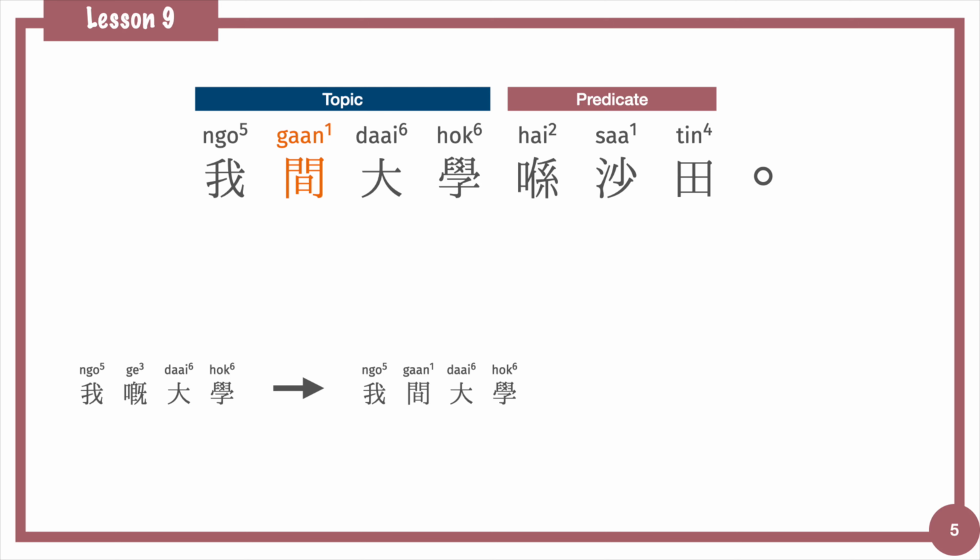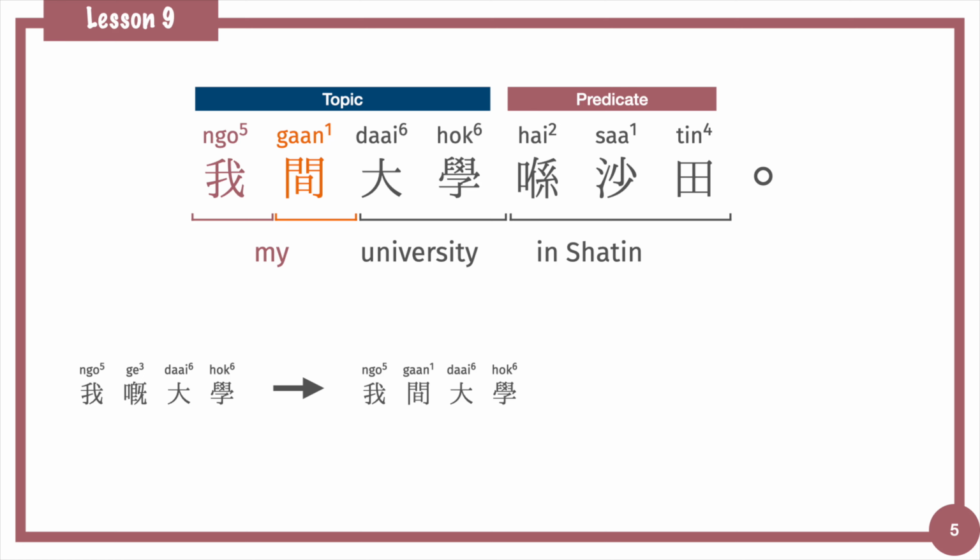The structure, pronoun, measure word, noun shows that the speaker is referring to their specific university, not universities in general. This usage is common in spoken Cantonese and gives the sentence a more concrete and personal feel. 我間 my, 間 indicates association, 大學 university, 喺沙田 in Shatin. 我間大學喺沙田, my university is in Shatin.